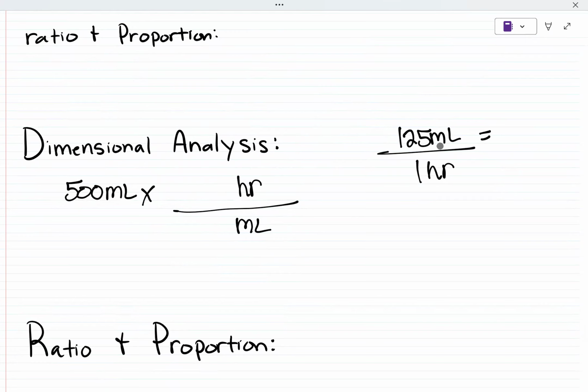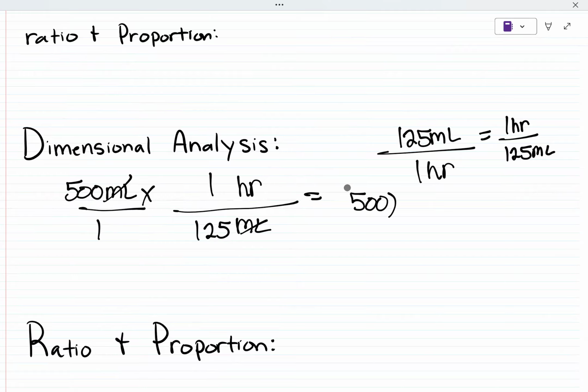So you can flip it. This doesn't change it. That's what we have to do because we have to put hours on the top and milliliters on the bottom. So for 1 hour, there's 125 milliliters, and then the milliliters disappear. You're left with 500 times 1, and then 1 times 125. And that gives me 4 hours.